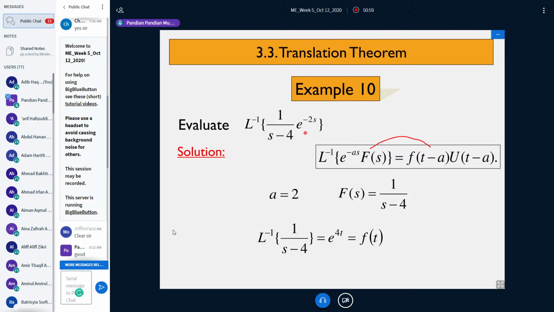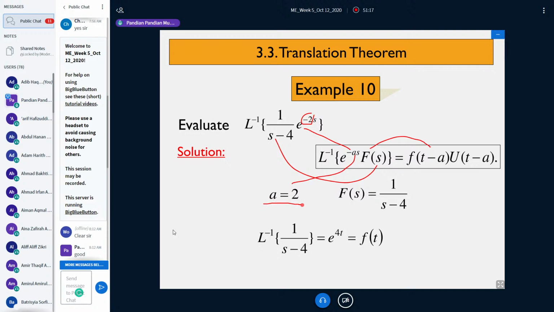So you match this. Your F(s) is 1 over s minus 4. So this is a, so a is 2.